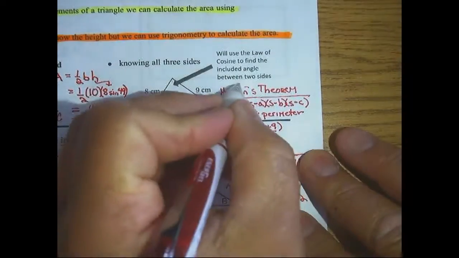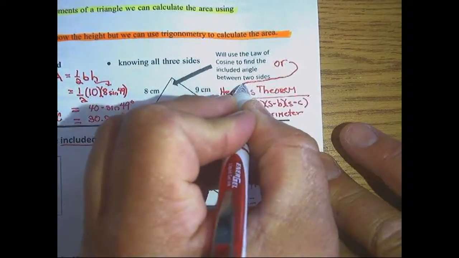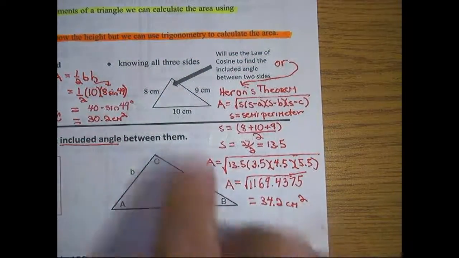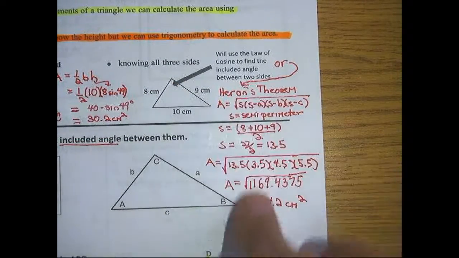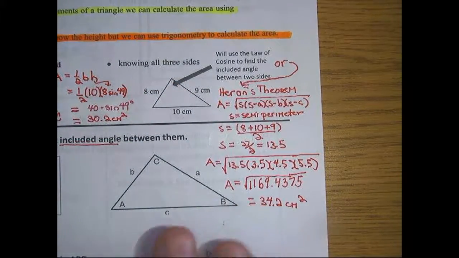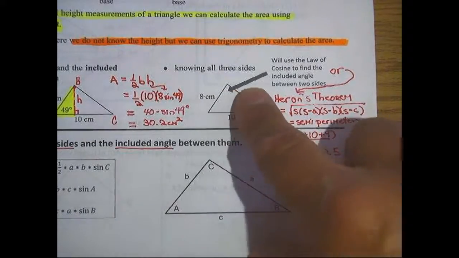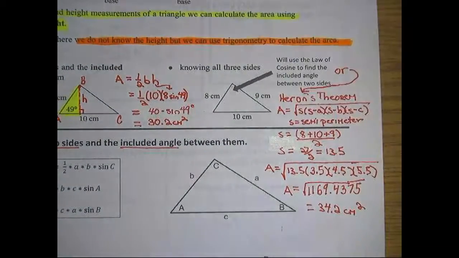Okay. So if you don't know the angle and you know 3 sides, here's a way to get the area of a triangle. If you know just 3 sides and you don't know anything about the angles. Later on in this unit, we're going to learn how to figure out what that angle is.